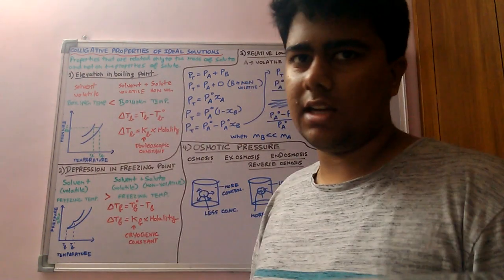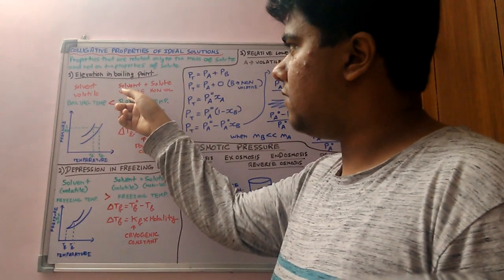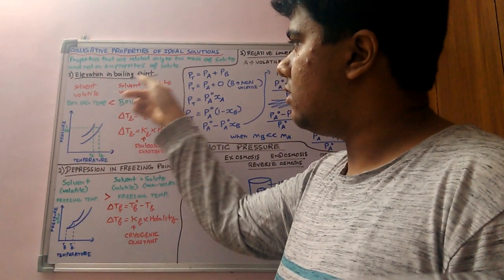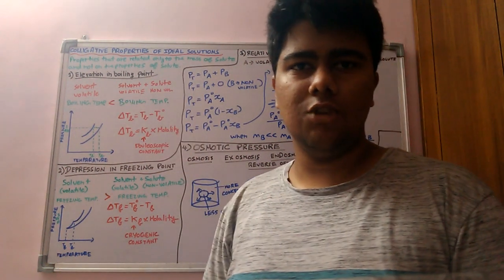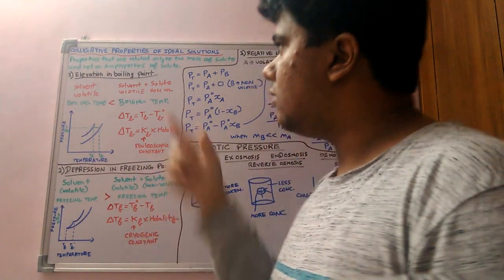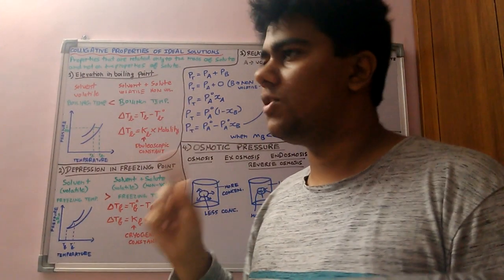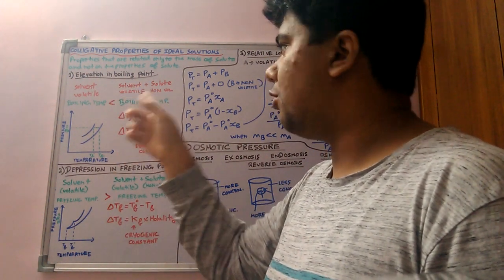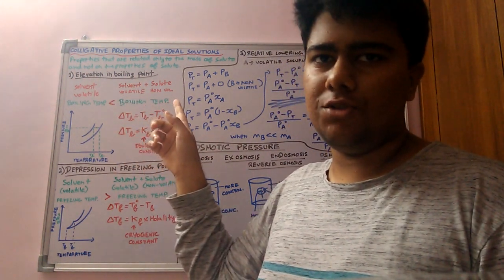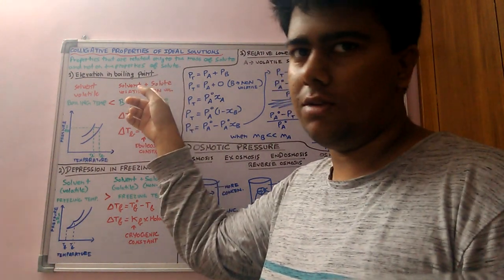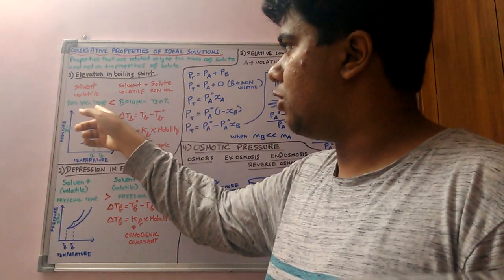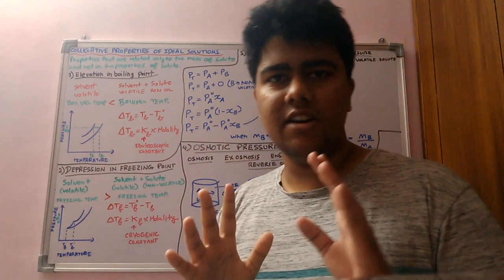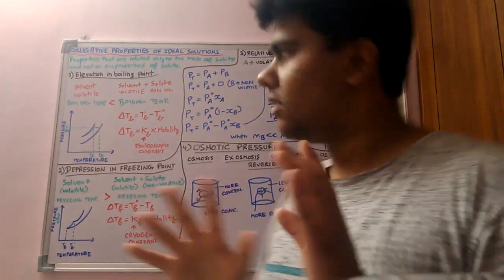This is another case in which we have that very same solvent, but a non-volatile solute is added to the mix. What this property tells us is that the boiling point of the solution, the one with the solute, will be greater than the boiling point of the solvent itself, right?